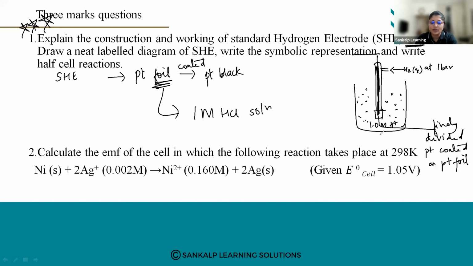Now, what is the working? This was the construction. For the working, you have to pass pure and dry hydrogen gas at 1 bar pressure from this inlet. The electrode reaction is H plus aqueous plus electron giving half H2 gas.